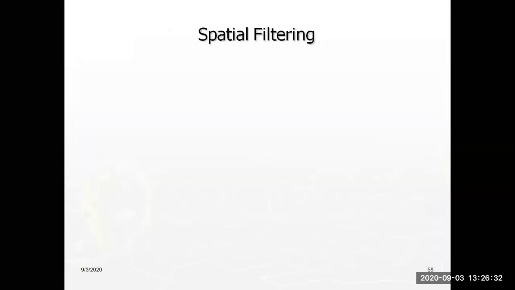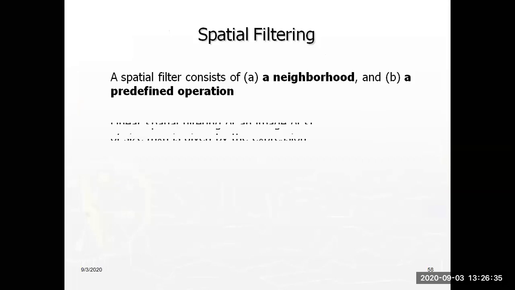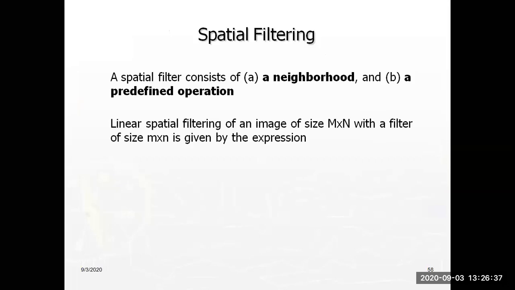Next we move to filtering, filtering in the spatial domain, not in frequency. What is the difference between filtering in the spatial domain and the frequency domain? In the spatial domain, we are filtering the image directly, without converting or transforming the image from one domain to another.